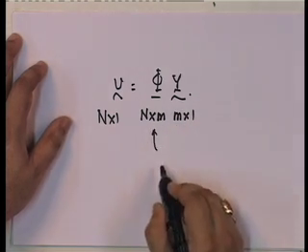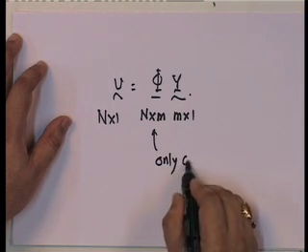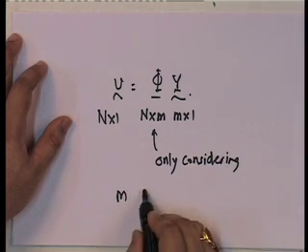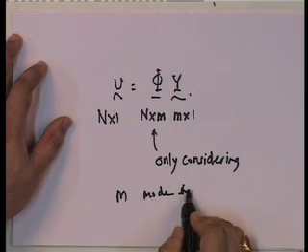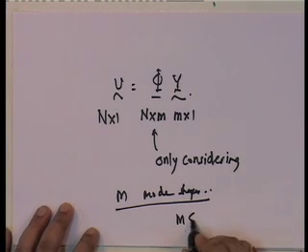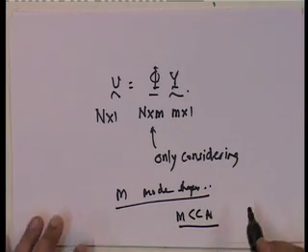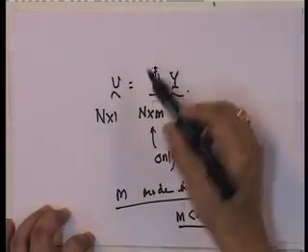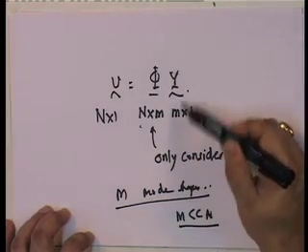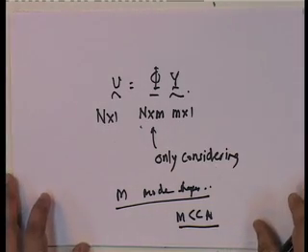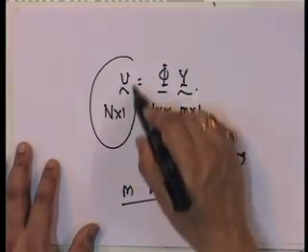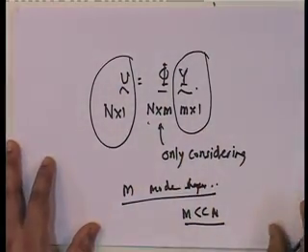So, what happens is only considering m modes, where m is significantly less than n. There are only m mode shapes, and therefore, there are only m modal amplitudes. Okay. So, this is the beauty that we have taken this problem and made it into a smaller problem.